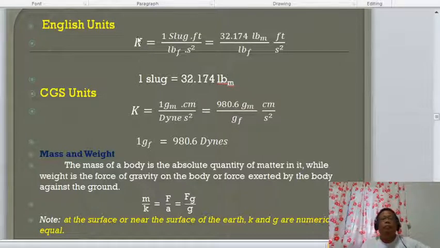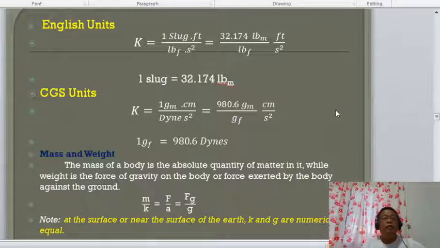But if the unit of force is pound force and the unit of mass is pound mass, take note that the K value is non-unity. So I think that is clear to everybody.